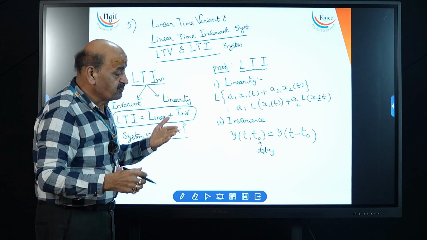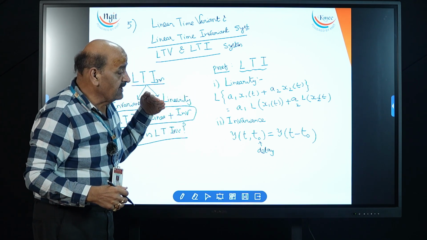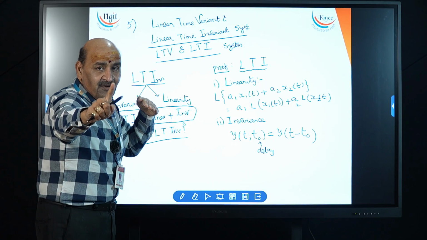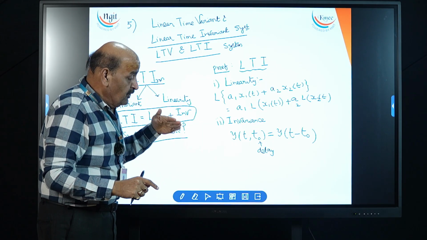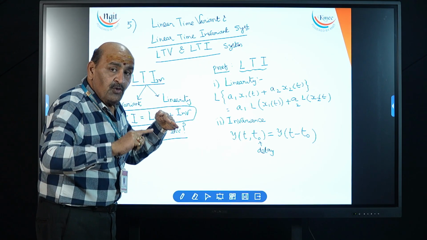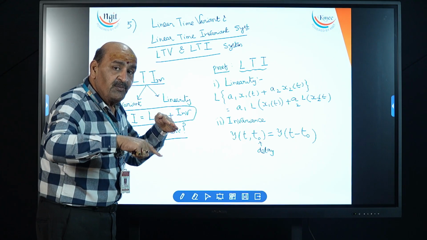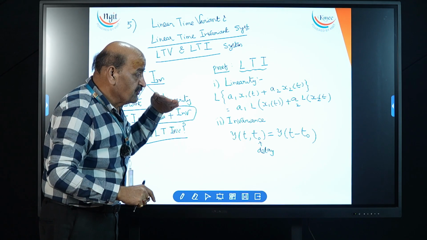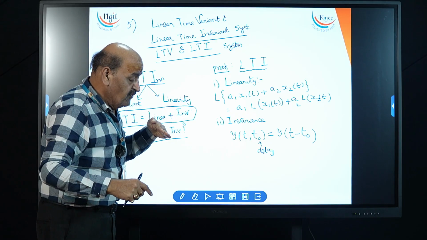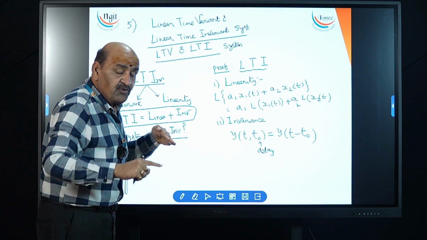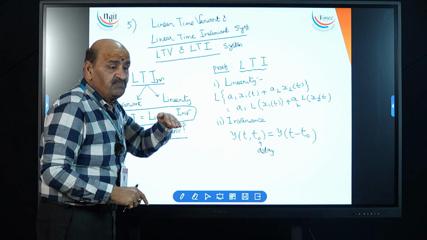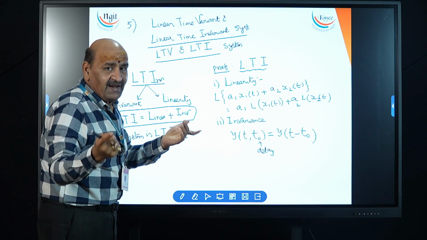Again I make you remember the concept we discussed. Take any system. We will give input. For the corresponding input we will get the output. That means we give another input, we will get the corresponding output y2. So for the first input x1, we get y1. For the corresponding input x2, we will get y2. That means whatever the input you give, the corresponding output we will get.